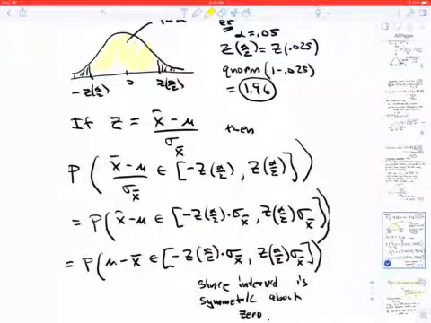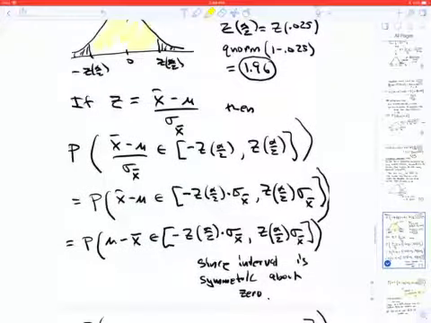Okay, so we're constructing a confidence interval here, and Z is x bar minus mu over sigma x bar.